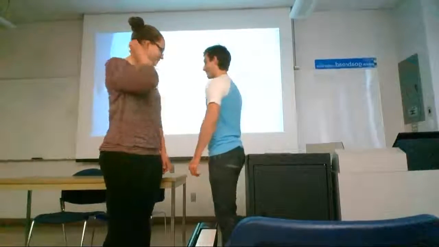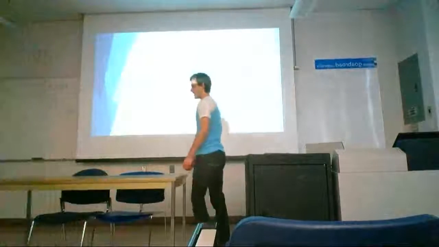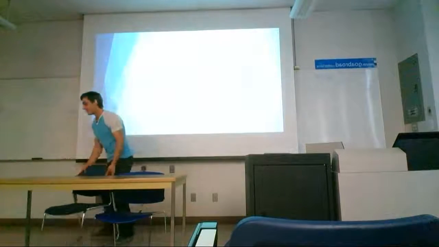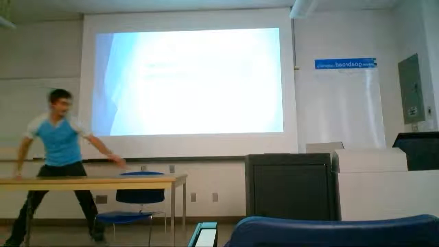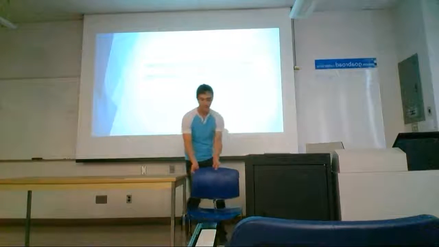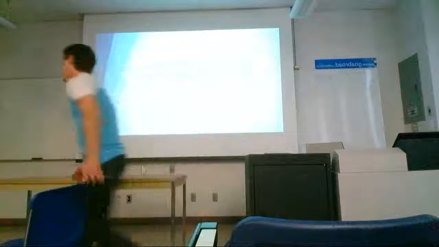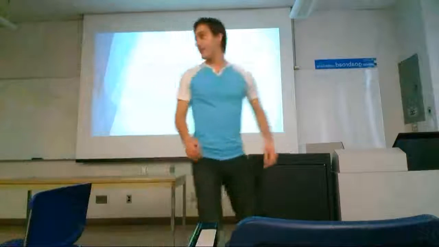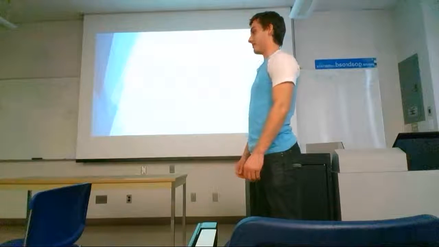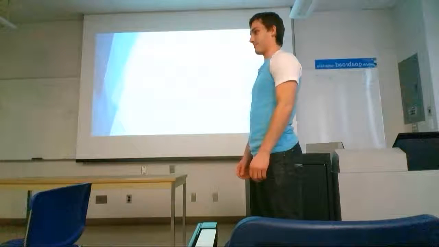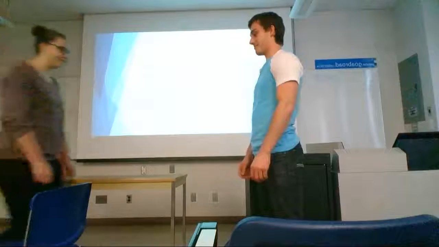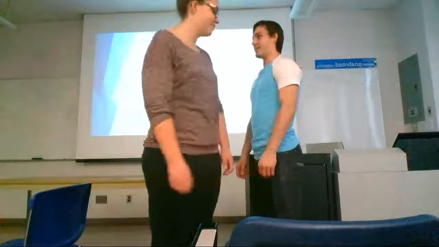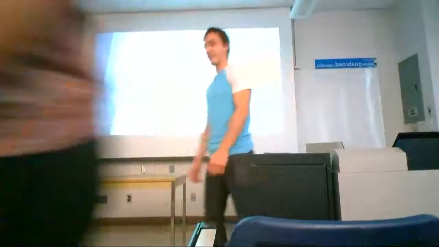All right, now head back to the classroom door. And you have to walk in a straight line. If you encounter an object, you can just minimally go around it. All right, go. And stop. Thank you very much. Go ahead and take a seat, Heather.